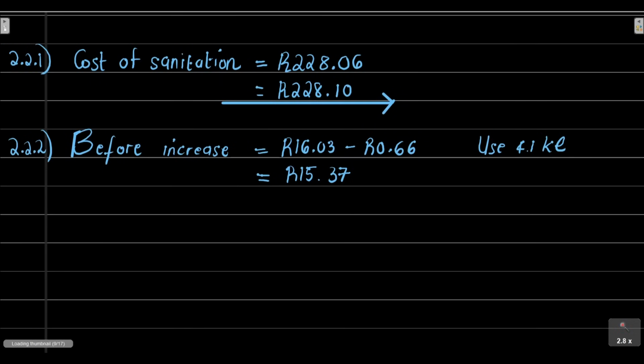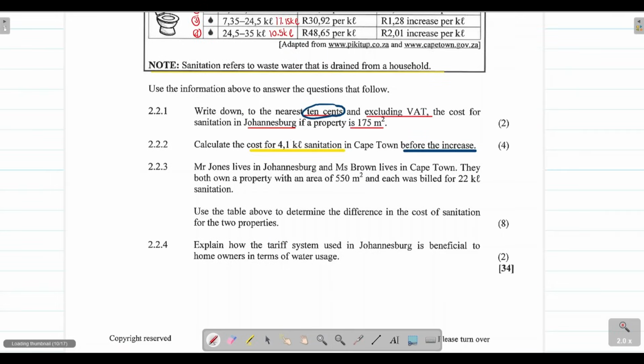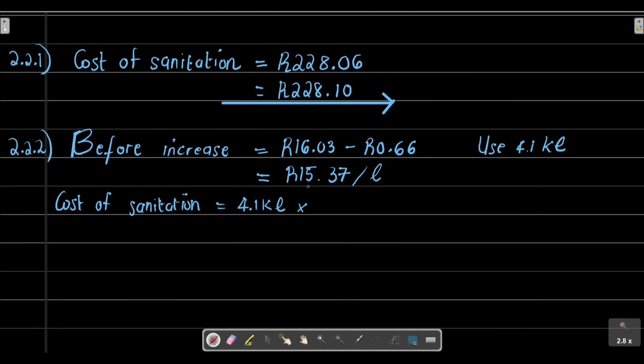All that we need to do now is take the sanitation of 4.1 kiloliters, because you've only used 4.1 kiloliters, and multiply that by the rands per kiloliter. We found that before the increase, the amount you'd pay was 15.37 per kiloliter. Remember, those are the units we're supposed to use there. So you multiply 4.1 by 15 rand 37 per kiloliter.